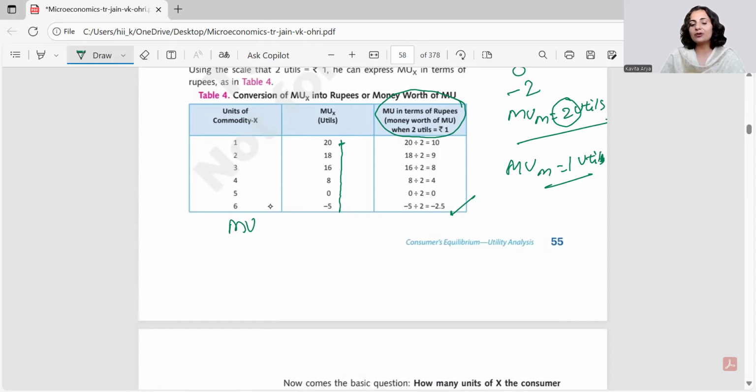Considering this, my point is, when do you buy? How do you measure your satisfaction? MUX should be relative to PX, the price. You pay the price when you find that thing worthy of your consumption, right? And MUX, when divided by MUM, is in rupee terms. This is what you have done in this third column: MUX divided by MUM.